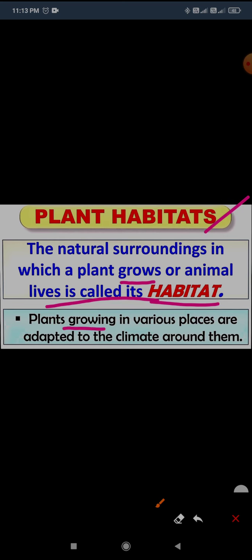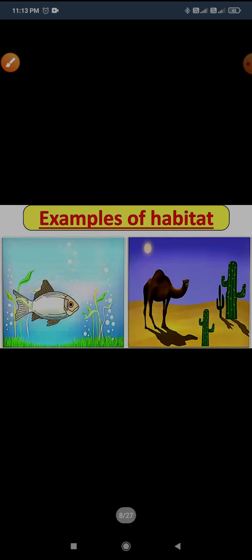So plants growing in various places are adapted to the climate around them. Now next, see an example of habitat.